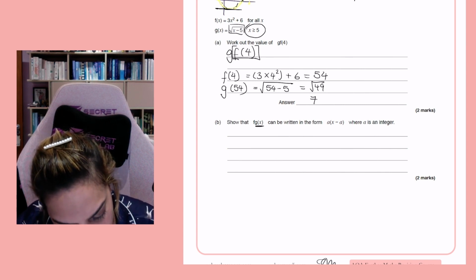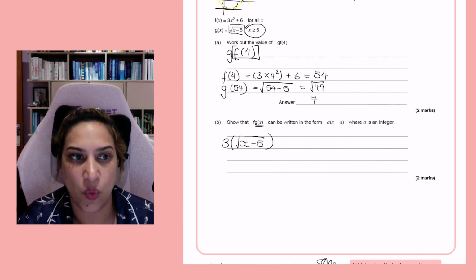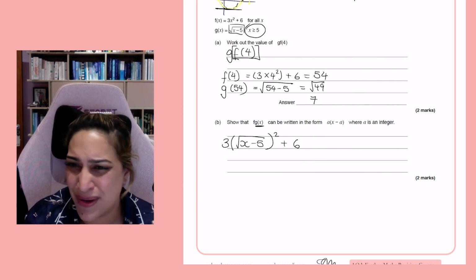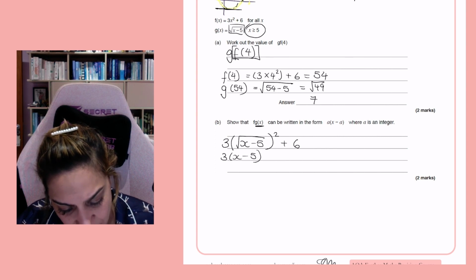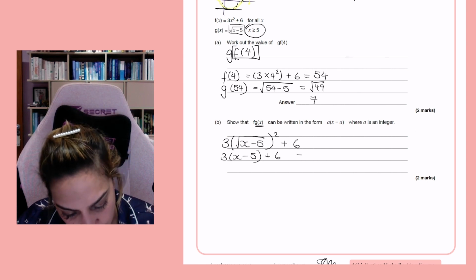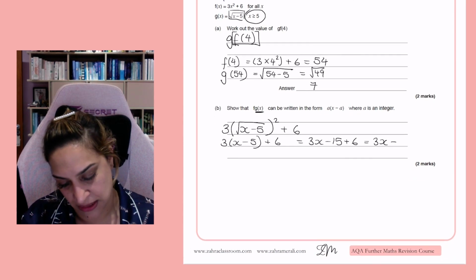So we're going to have 3 times the square root of x minus 5, all of that squared, plus 6. Now a square root and a square just cancel each other out. So you end up with 3 times (x minus 5) plus 6. But that doesn't look how they want it to look, so we're going to open out the brackets. 3x minus 15 plus 6, which is 3x minus 9.